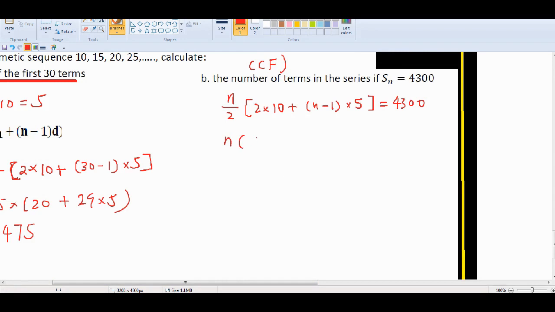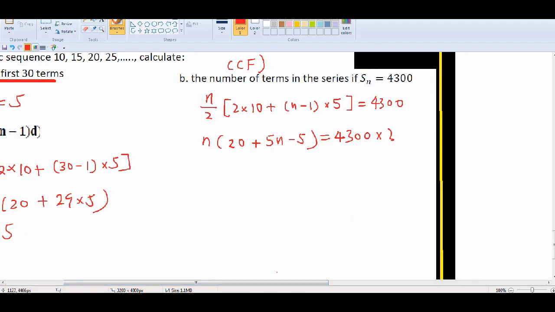So let's simplify this. Possibly 2 times 10 is 20. I'm going to multiply that 5 into the bracket, and multiply that 2 to the other side. I've done multiple steps in one move because it's a mathematical method, so we're not going to do too much basic algebra.